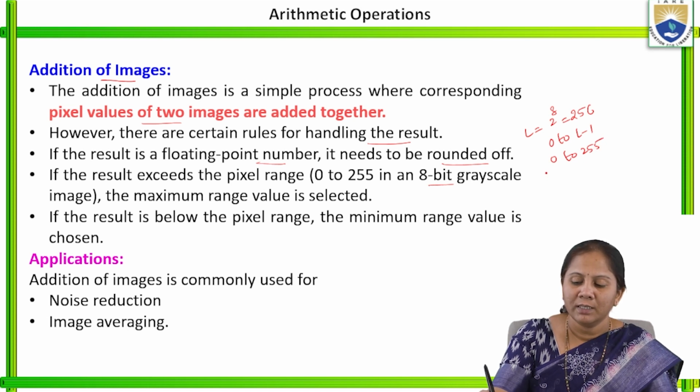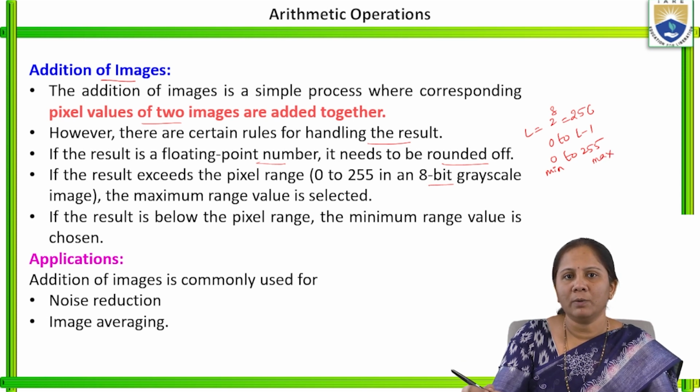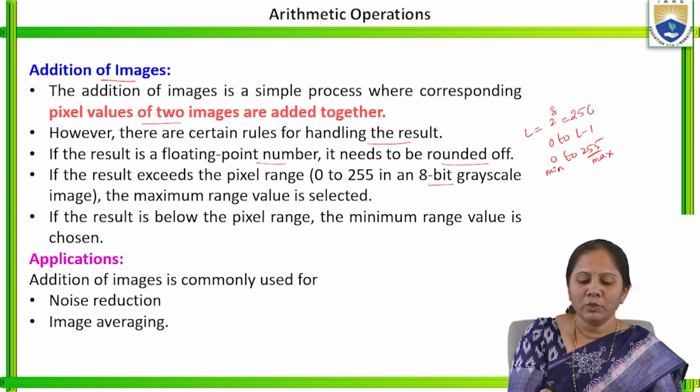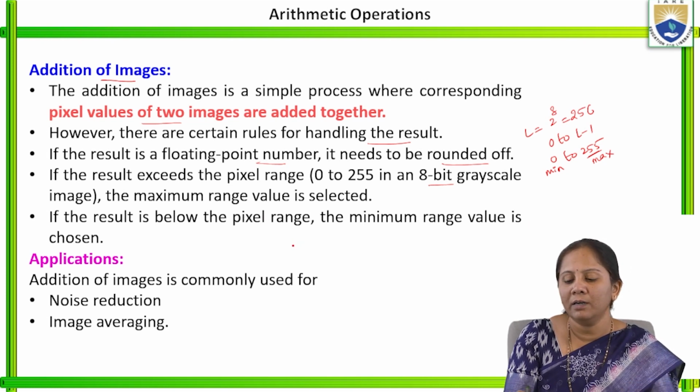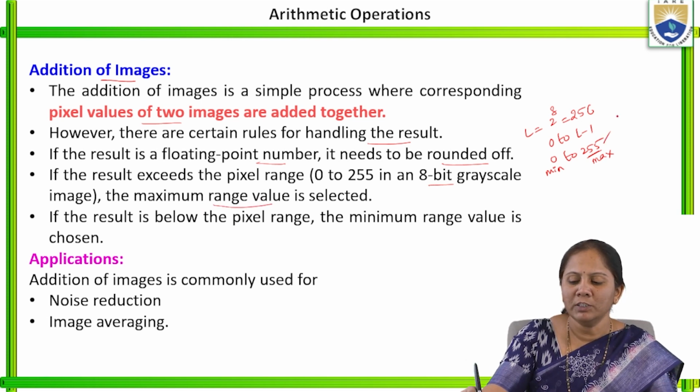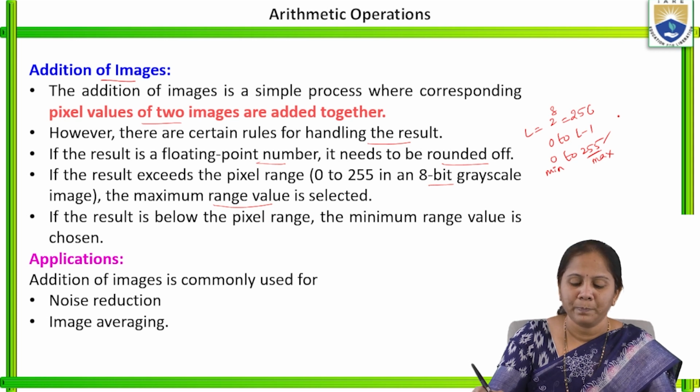Here 0 is the minimum value and 255 is the maximum value. While performing addition between two pixels, there is a chance of exceeding this maximum range. In such a case, if it reaches or exceeds the maximum range, we have to consider that value as the maximum, 255.